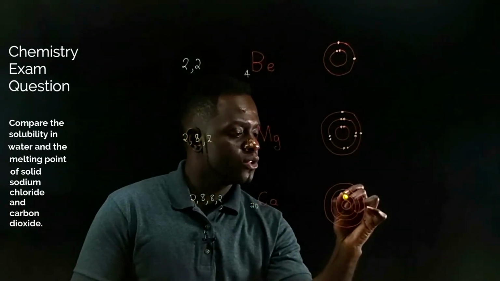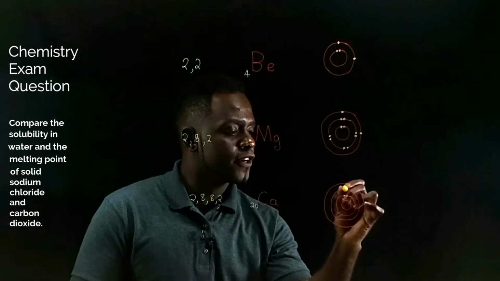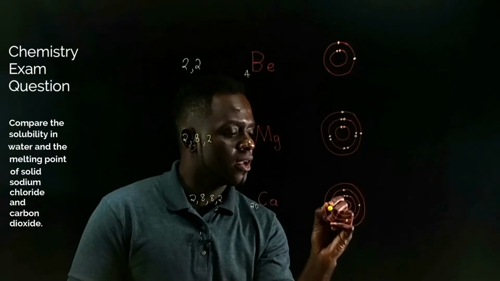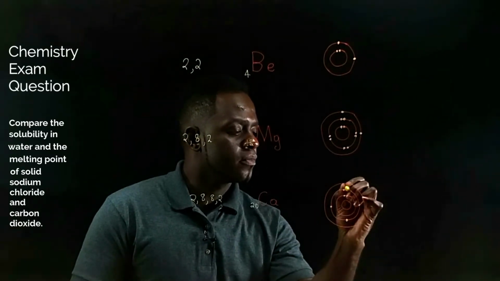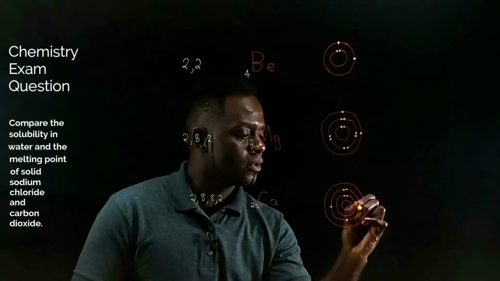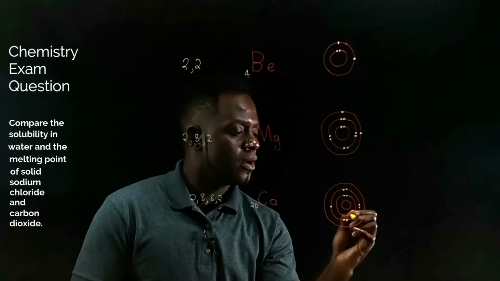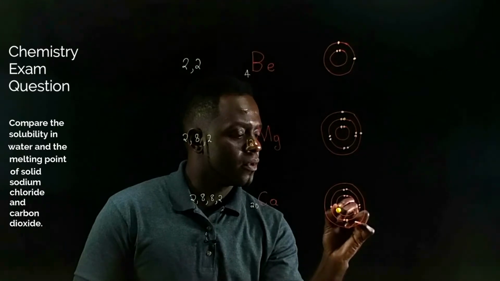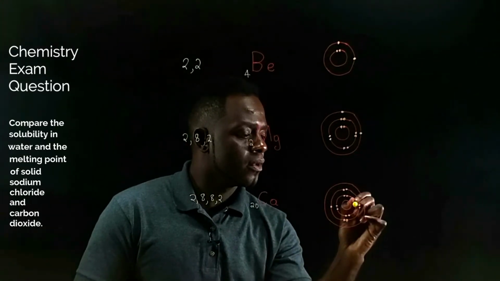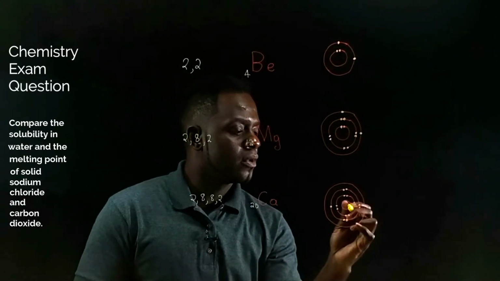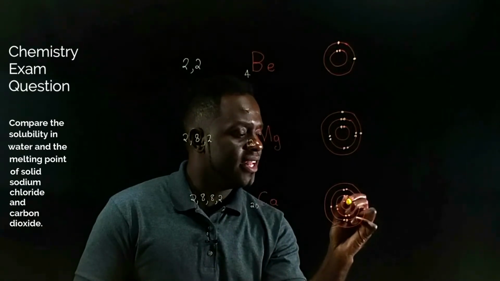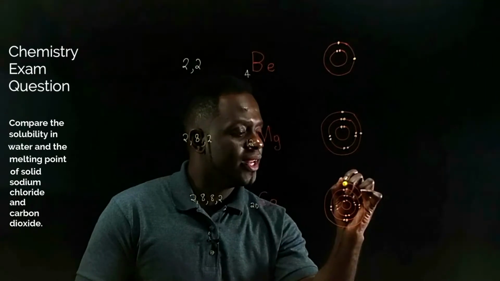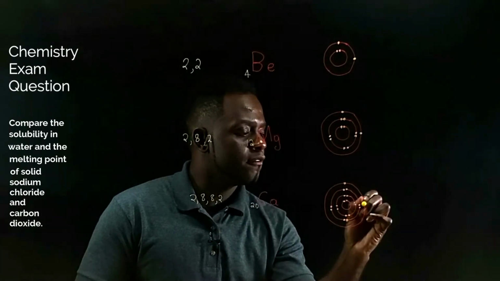Calcium has 2 electrons on the first shell, 8 electrons on the second shell, 8 electrons on the third shell, and 2 electrons on the fourth shell.